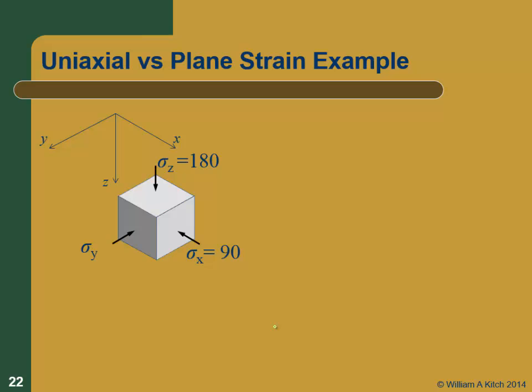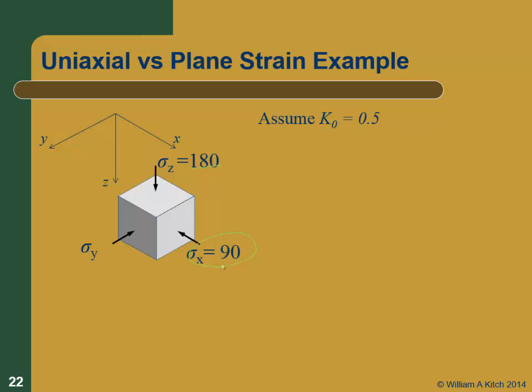Okay, so let's do some examples of uniaxial. Seems like there's a slide missing there. Or maybe not. So let's just look at what the implications of that are. Let's assume we have a K naught, a lateral earth pressure coefficient, of 0.5 before we start loading, and I have a sigma z equal to 180.